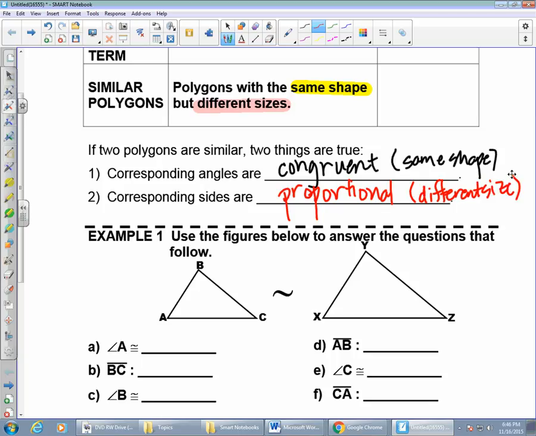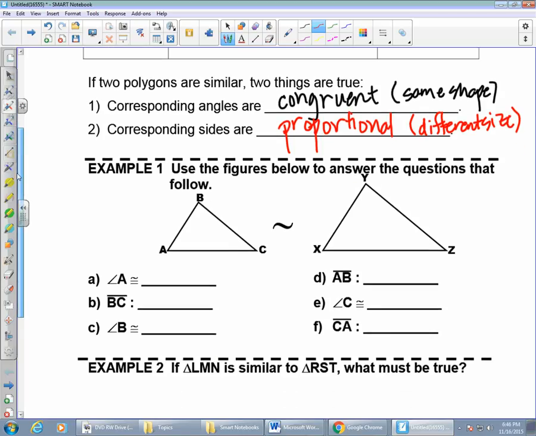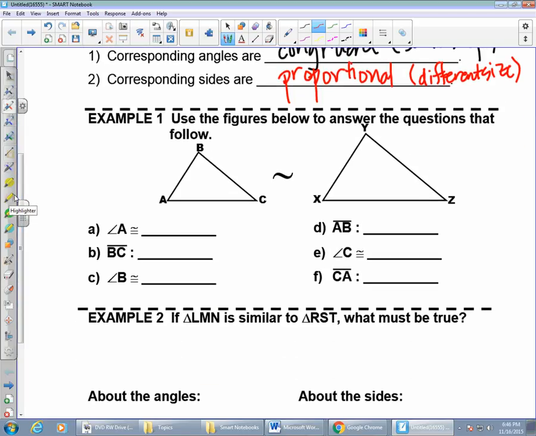Okay, so in example 1, we want to use the figures below to answer the questions that follow. All we're saying here is, for example, in triangle ABC, angle A is congruent to which part in triangle XYZ. Angle A is congruent to angle X because they're in the same position.